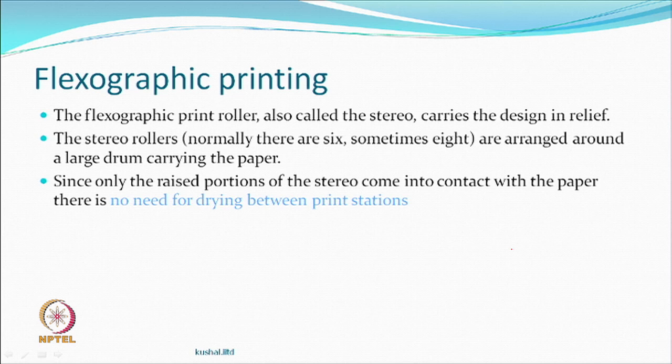Otherwise, if you believe that your next roller is going to actually roll over the other design in a manner that it actually touches the colored portion also, then either the ink formulation or the heating etc., will have to be done, so that as it moves to the next it gets dried. So, this has one advantage.